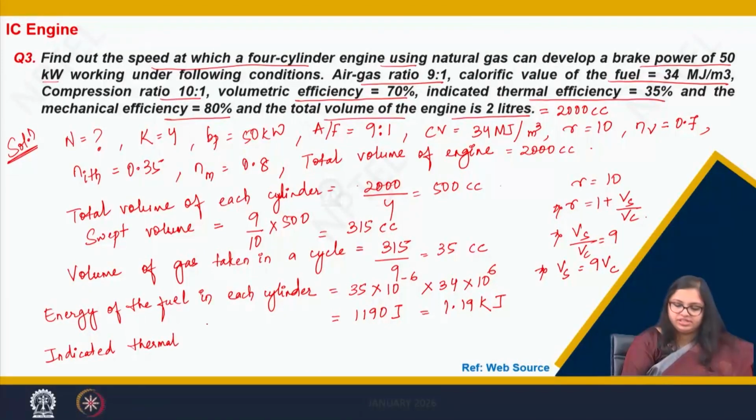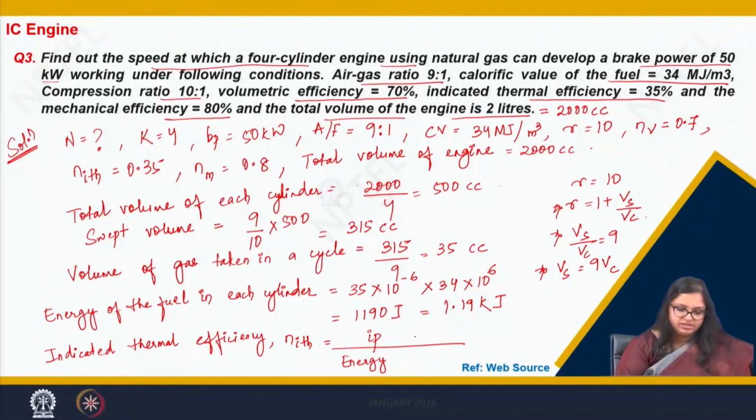So now what I know is my indicated thermal efficiency, eta ITH, is equal to IP by the energy that is supplied, energy supplied per cylinder per second.